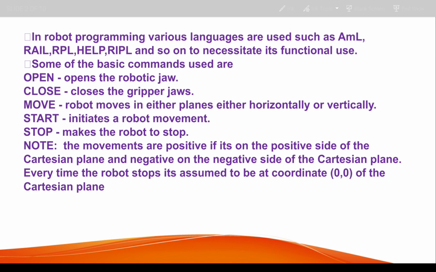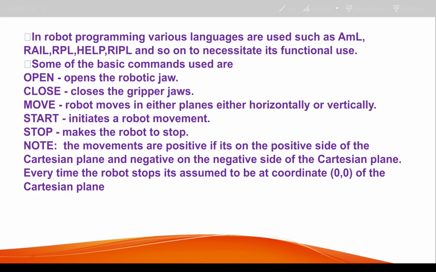Then you have move, which enables the robot to move in either plane, horizontally along the x-axis or vertically along the y-axis. Horizontally, it can move from point A to B. Vertically, it can lift an object from a resting position and take it up to maybe a shelf or a storage place that is on a raised part.